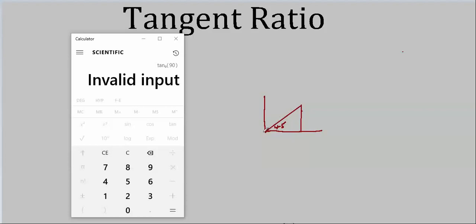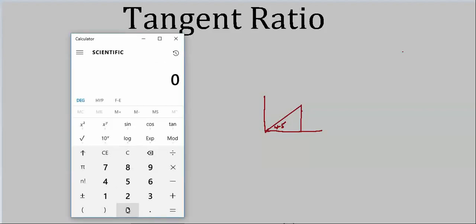And if we put opposite over adjacent, which is opposite over 0, that can't work, and that's why it says invalid input.